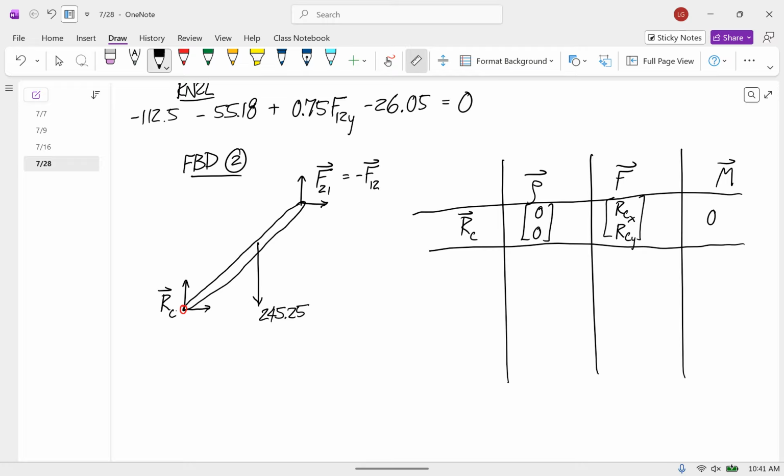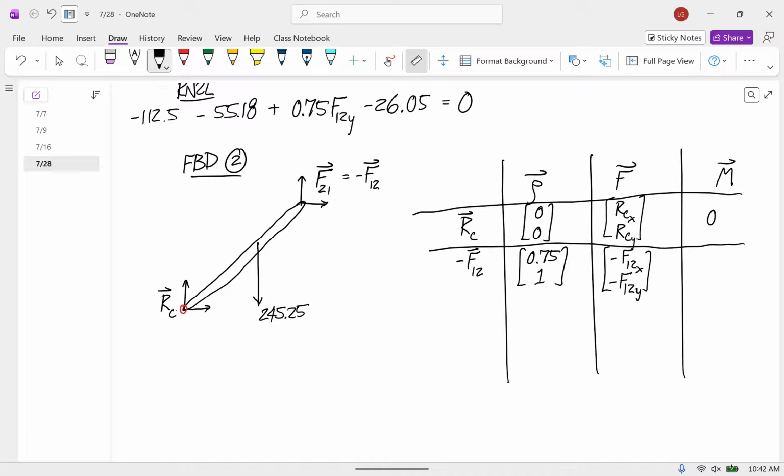Okay, so I'm going to go to negative F12. The row vector for this is 0.75, 1. The force vector is negative F12x, negative F12y.